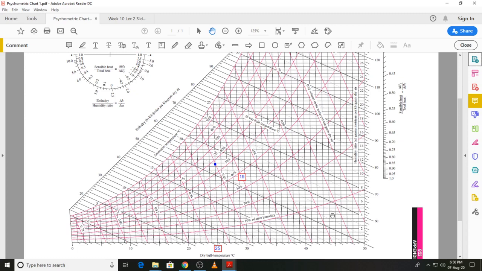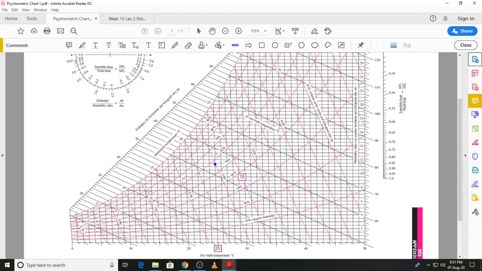Okay, now we start with state 3, which we can easily locate because we know the dry bulb temperature is 25 degrees C and the wet bulb temperature is 19 degrees C. And you can see that I have already marked off this state on the psychrometric chart corresponding to the dry bulb temperature and the wet bulb temperature given to us. And we can also draw a line on which state 1 will lie.